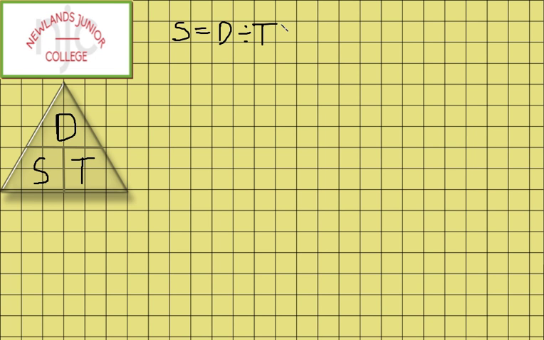Calculate the speed of a marathon runner completing a race in 3 hours and 30 minutes. Okay, so write down the information that we're given.